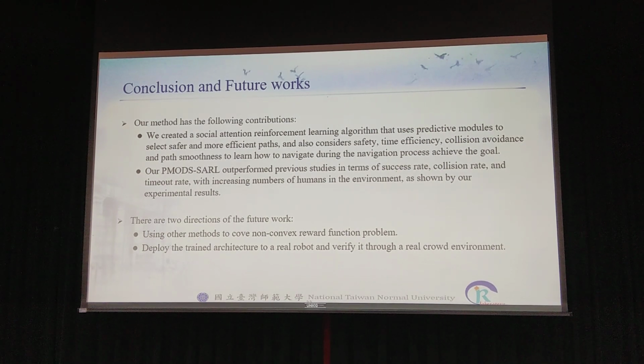Experiment results show that as the number of people in the environment increases, our proposed PMO-DSAR has higher performance than previous methods in terms of success rate, collision rate, and timeout rate.